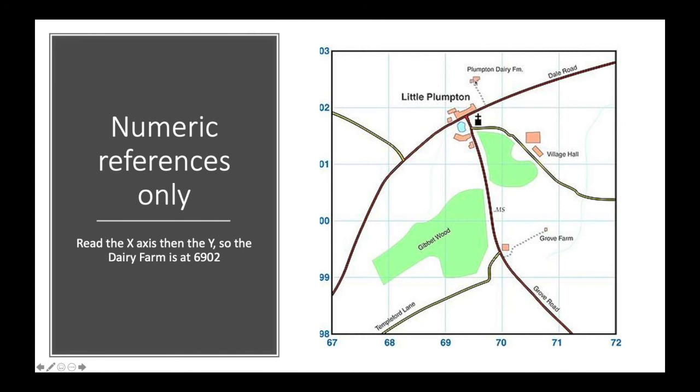Now that becomes really important for the next video, which is on longitude and latitude, because in longitude and latitude it's divided very, very finely, which is why the GPS, the geographical positioning system in your phone, can actually get you to somebody's house. Because 69.2 could be that point there, but it's not, it's this bit over here. But that's how a numeric works. If you see a 6902 or 6800 or whatever, it's across the bottom first or across the top first and then down the sides. Not complicated. We're going to do an activity in class on this.